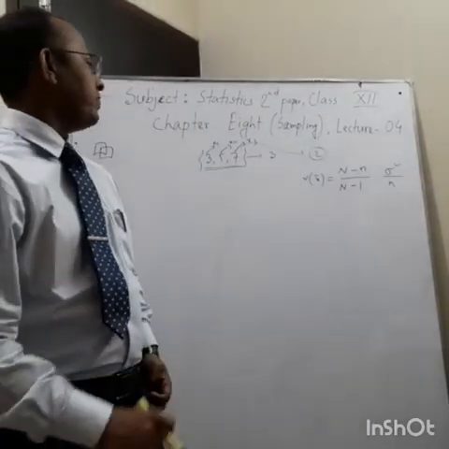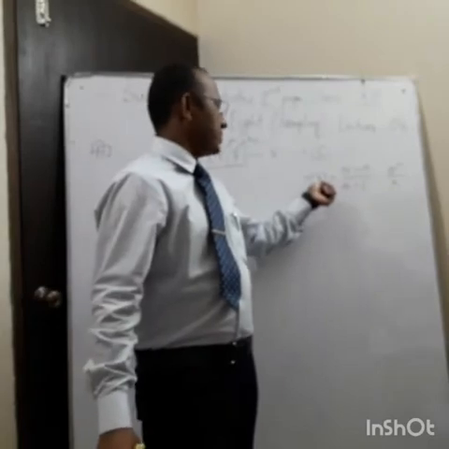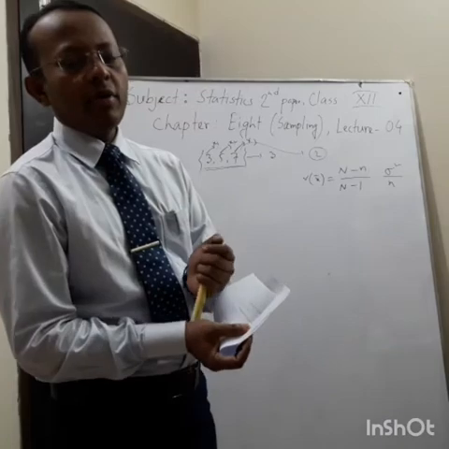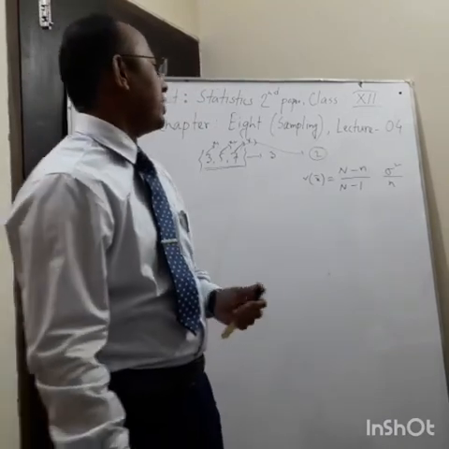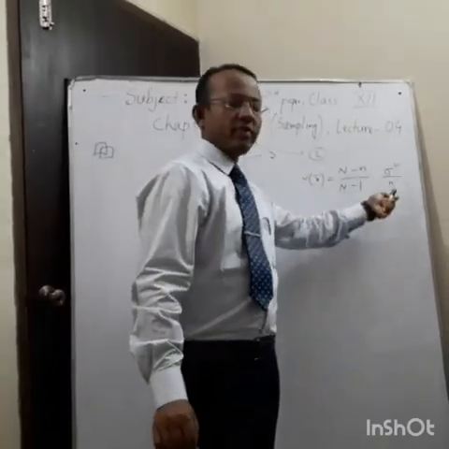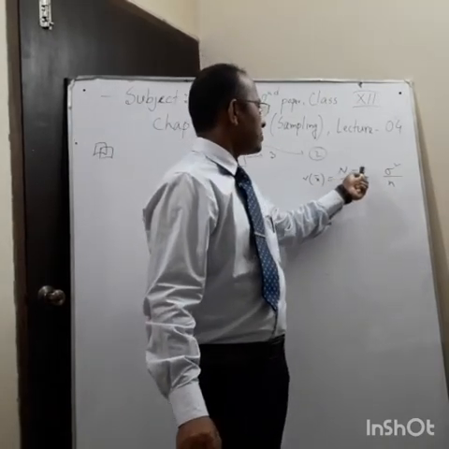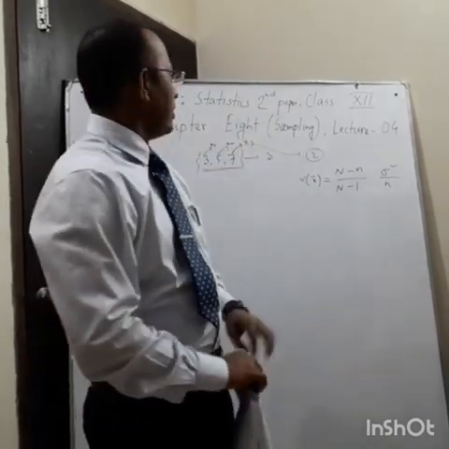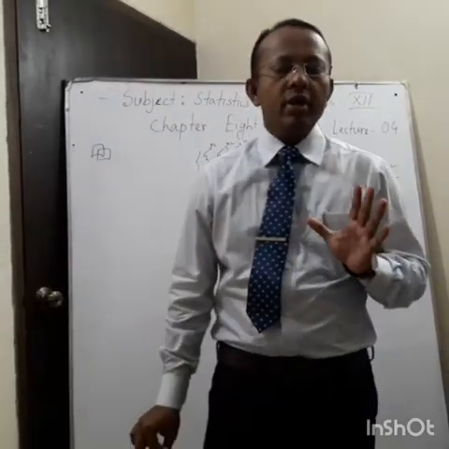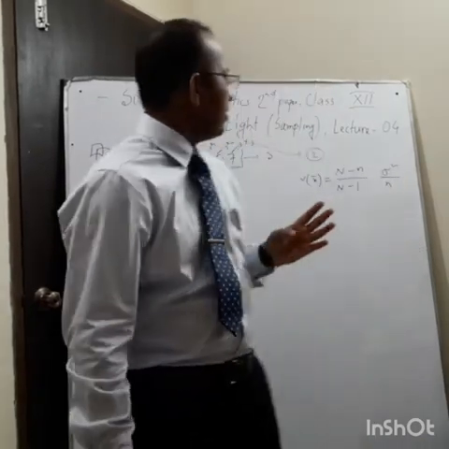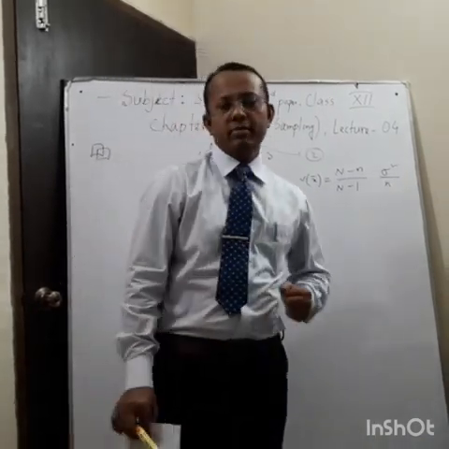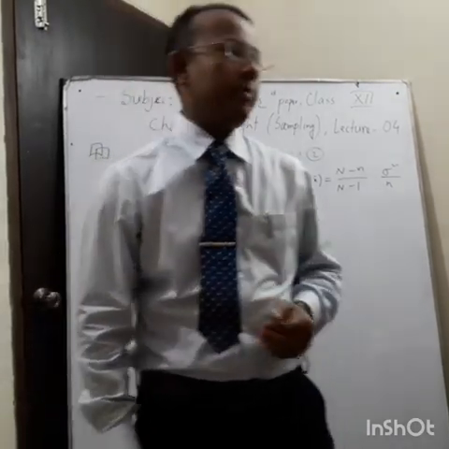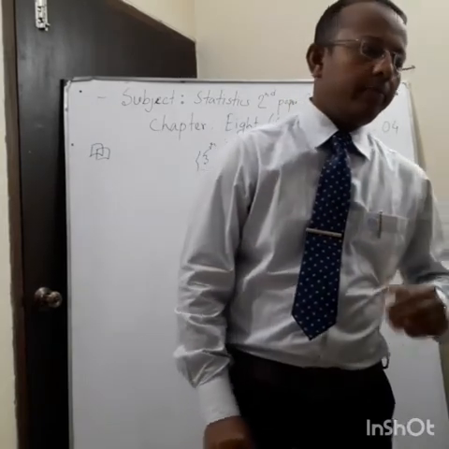We have to determine the variance of sample mean when we collect the sample without replacement. At that moment, the formula is (capital N minus small n) divided by (capital N minus 1) into sigma square divided by n. Sigma square is the population variance, and we determined the population variance sigma square is 2.67 or 8 by 3.